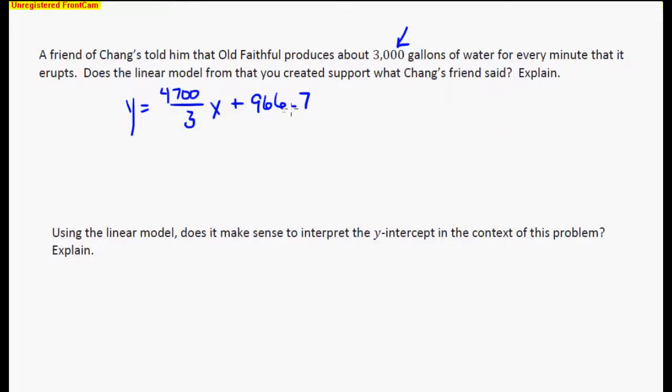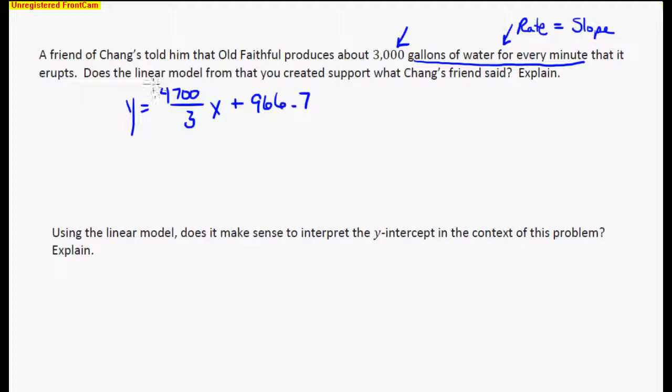And the friend is saying 3,000 gallons of water for every minute. Okay? Now, there's a couple ways we could do this. We could plug 3,000 in for y and solve for x. That would be one way. Or we can just look at the rate. It's saying gallons of water for every minute. That is your rate, which we've always said is the same thing as your slope.